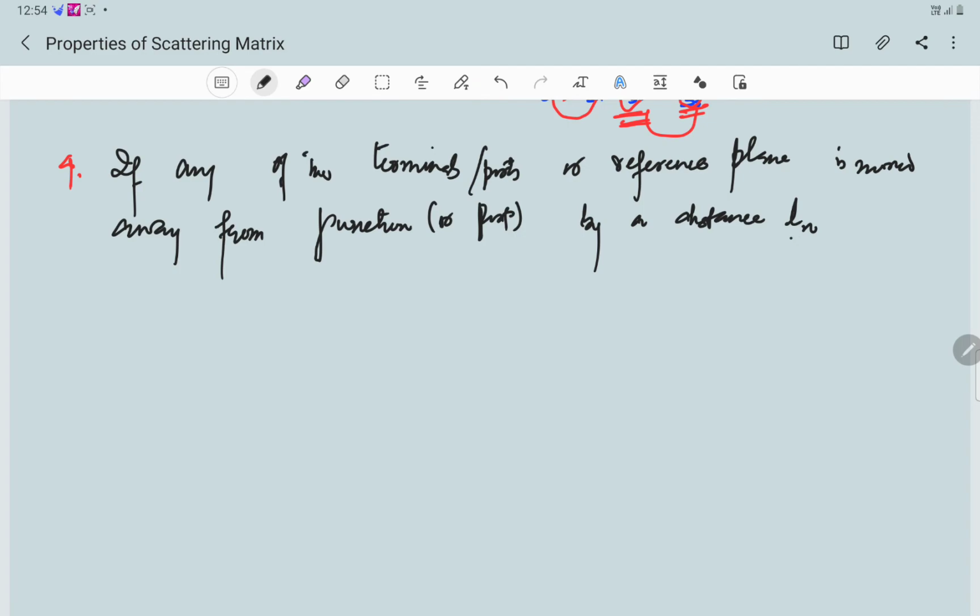This is the physical length ln. The electrical length can be beta ln. If we multiply it by the phase constant beta, ln gives us the electrical distance or the electrical length.